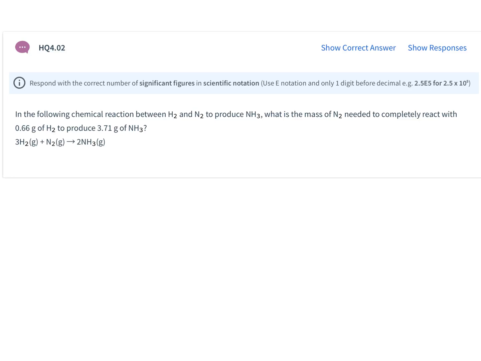The first thing we do in any of these calculations is we go from mass to moles. So I have 0.66 grams of hydrogen, right? I can't do anything with that other than to find moles of hydrogen. I know for every 1 mole of hydrogen, I would need 2.02 grams of hydrogen, right? Go to the periodic table, look up hydrogen is 1.01.